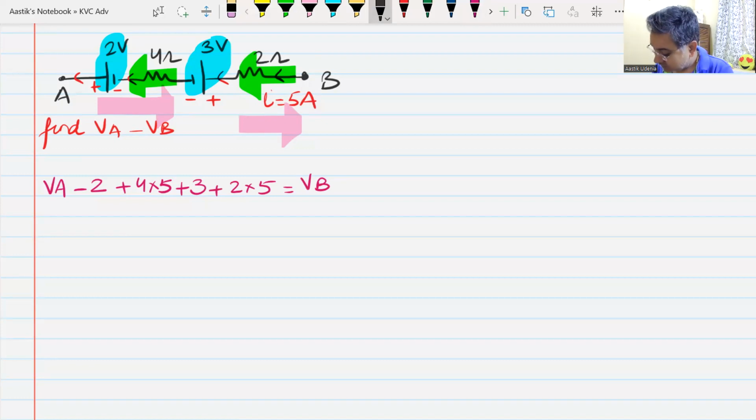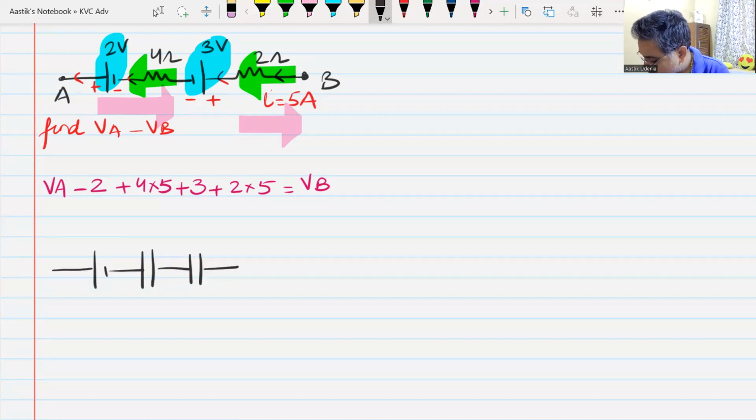Okay, let me give one more question. This is A, this is B. This is 2 volt, this is 3 volt. This is 2 microfarad. This is 3 microfarad.